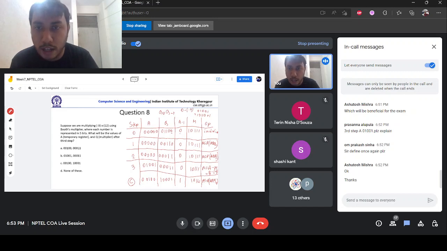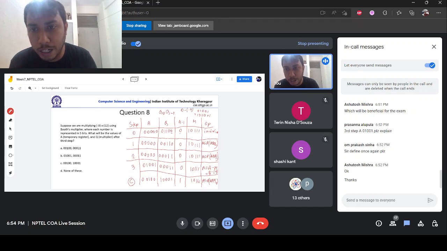So if you know how to find the 2's complement form of 9, that will be 1 0 1 1 1. I have shown it in the topmost corner: you just flip the bits and add 1. So that is how we initialize step 0.